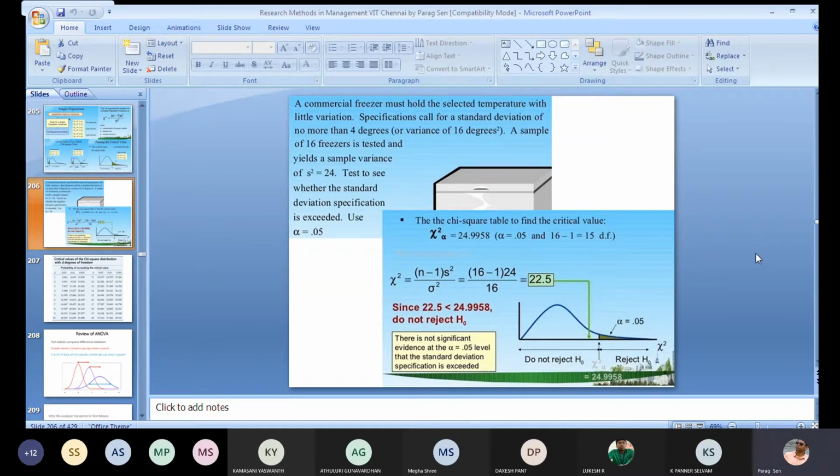For this case, you can also judge by looking at the p-value. Suppose you have got a p-value of 0.08. You can understand that at the alpha equal to 0.05 level, the significance level is 0.05, so your confidence level will be 95%.